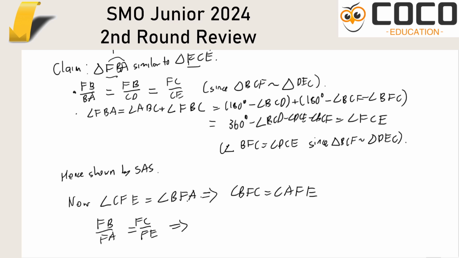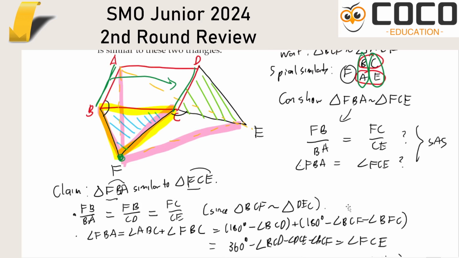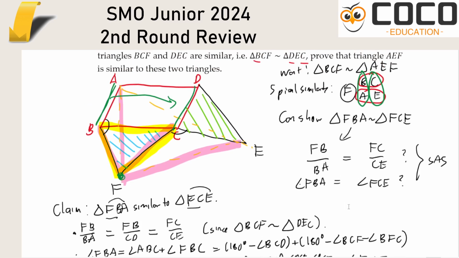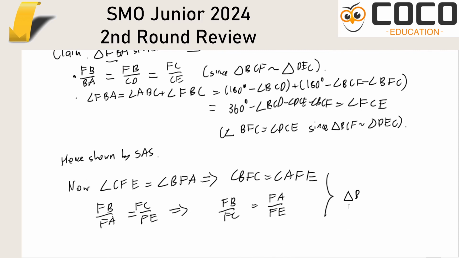I want to show BFC and AFE, the triangles, are similar, so I can just swap the orders around. And so again, by SAS, this would imply the triangles that I wanted, BFC, okay, I'll follow the order, BCF and AEF are similar. SAS.